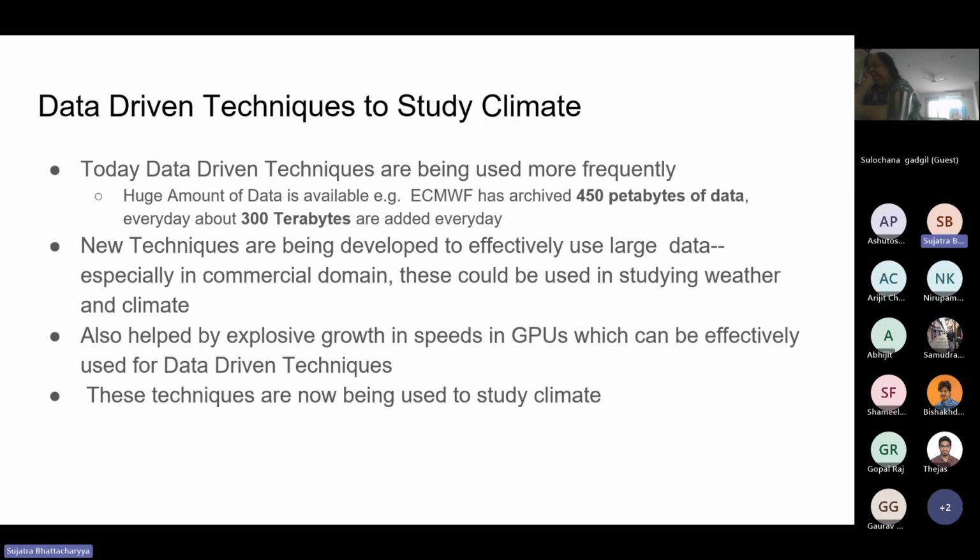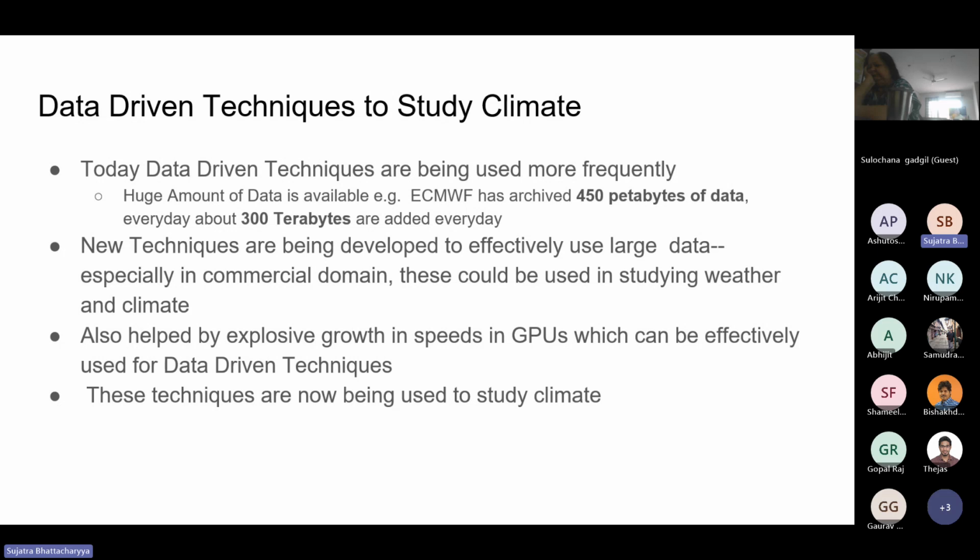Nowadays, from satellites or various sources, you have enough data coming in for climate and weather. If we just look at ECMWF, I got numbers only for ECMWF, I'm sure NCEP and other repositories have data sets comparable or even larger than that. We have about 450 petabytes of data sitting in ECMWF, and every day about 300 terabytes are being added to it.